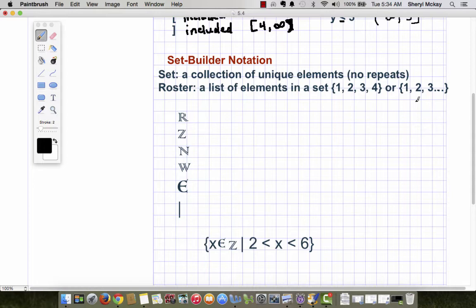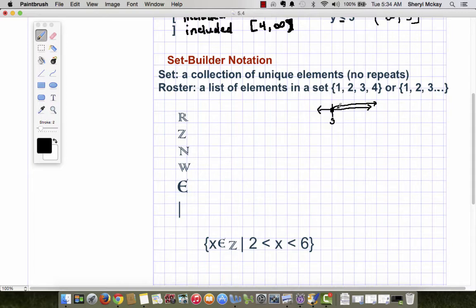But if we wanted to list all of a domain, for example, if we had something like this, and we wanted to include everything and list it all, that could be difficult.